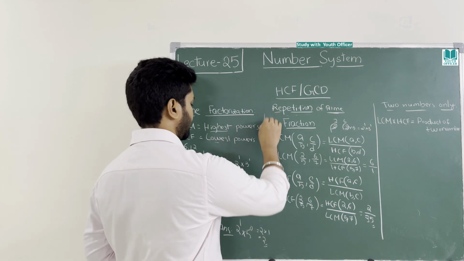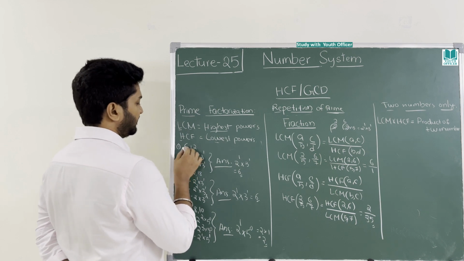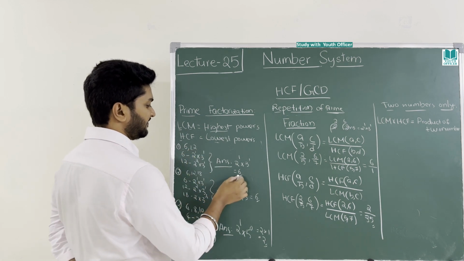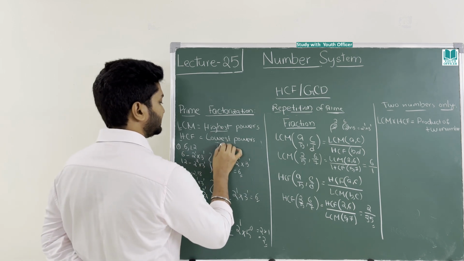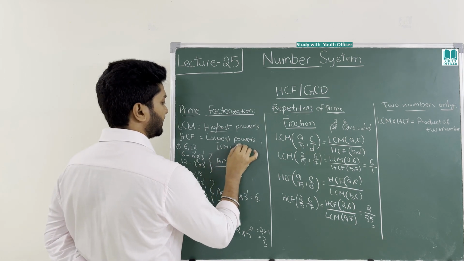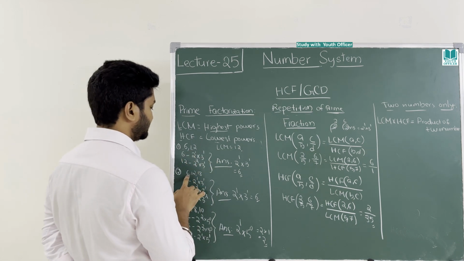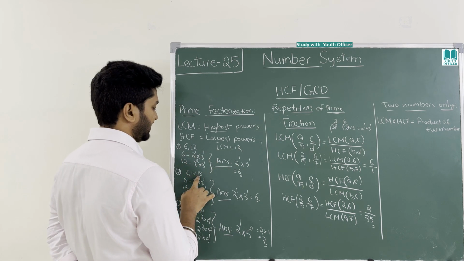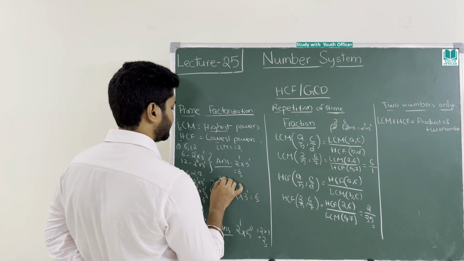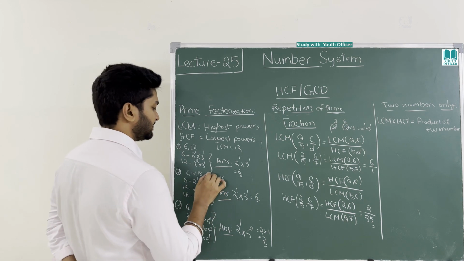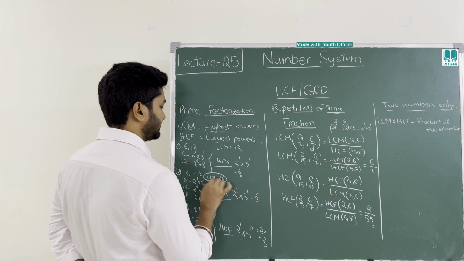Now we will take these examples. If you take 6 comma 12, HCF is 6 and LCM will be 12. If you take 6, 12, 18, LCM will be 36.